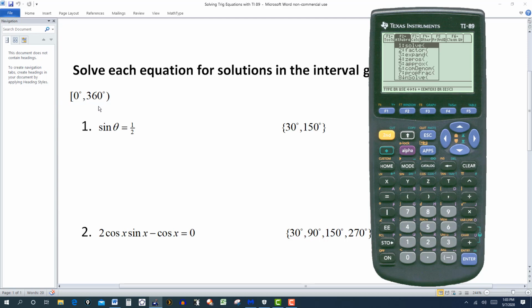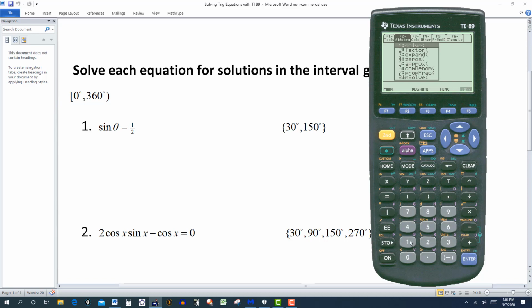Generally, the basic solution set is given in the interval from 0 to 360. So that's usually what we do. If we want an infinite number, we can get those by adding a multiple of either 360 or 2 pi, depending on what you're working with. Here we're dealing with degrees.